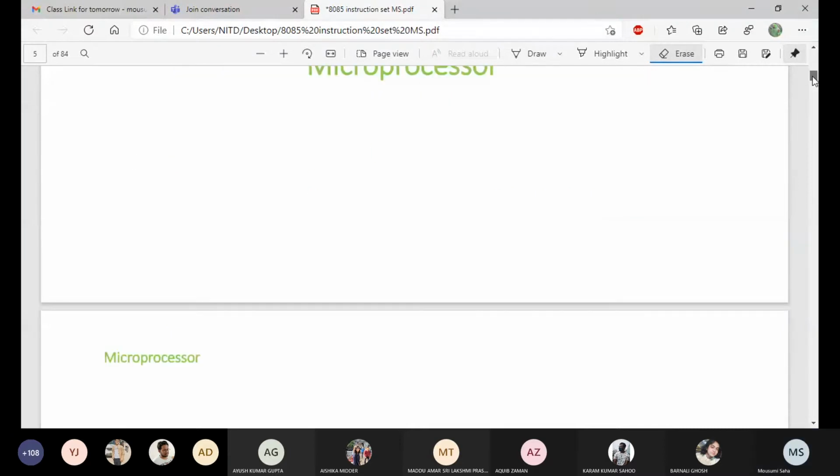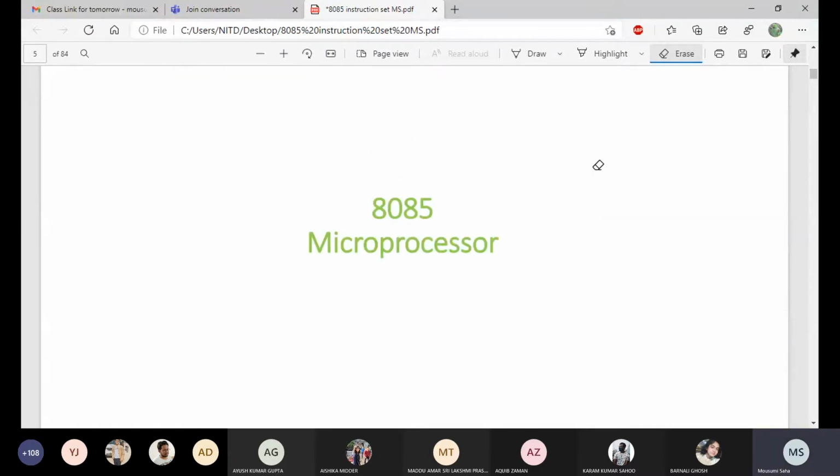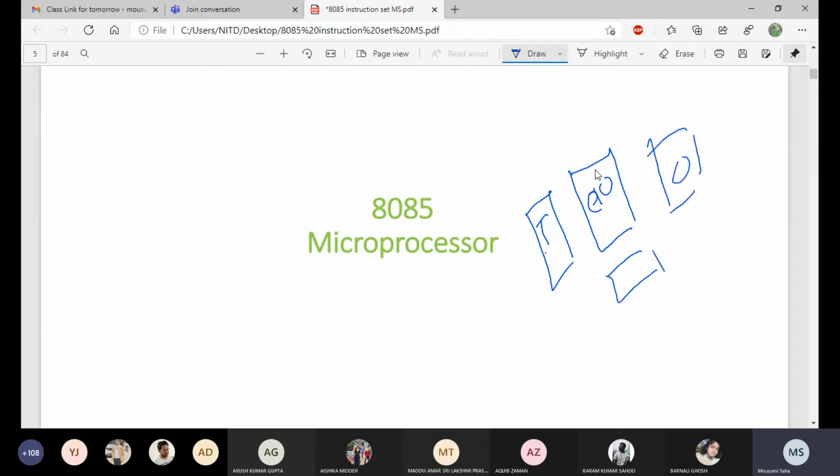Now, what we have talked about is the CPU. If I draw another diagram, this is your CPU, this is the input device, and this is your output device. So this is a memory.